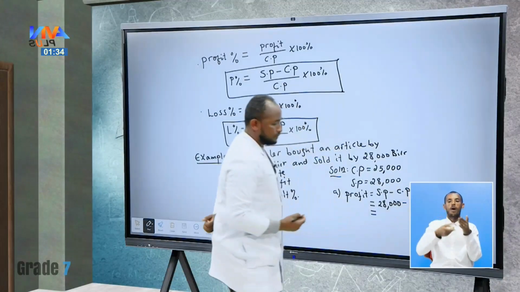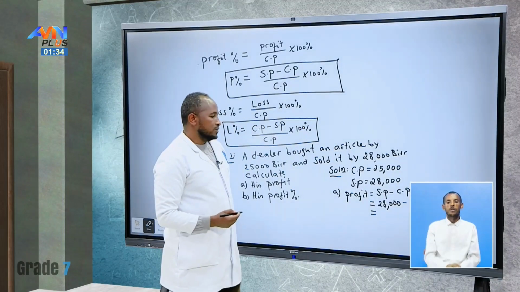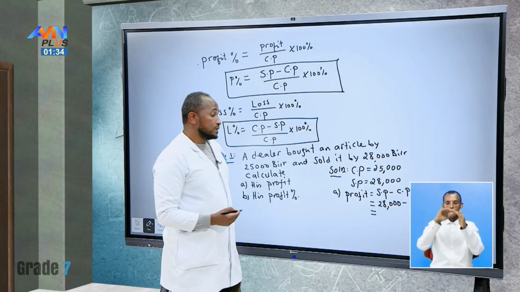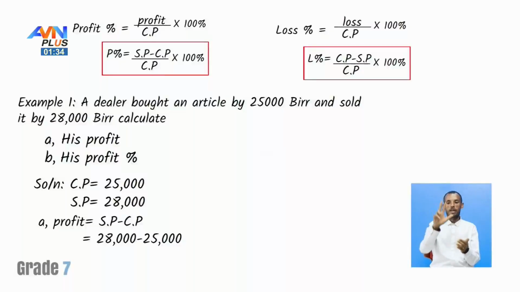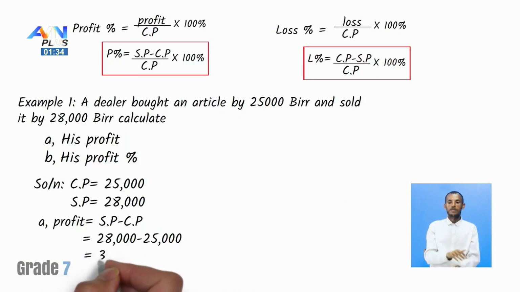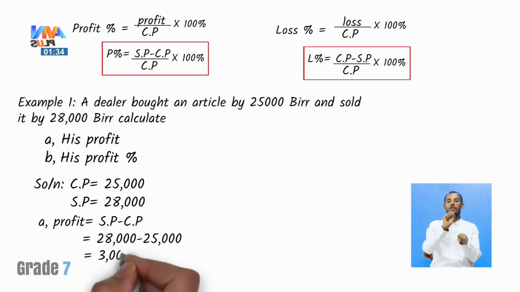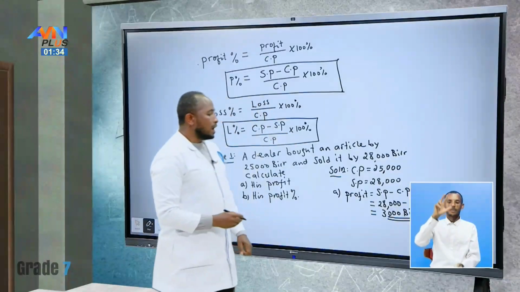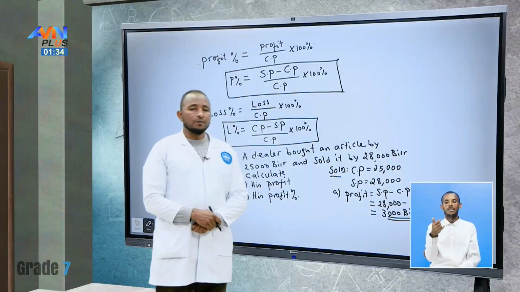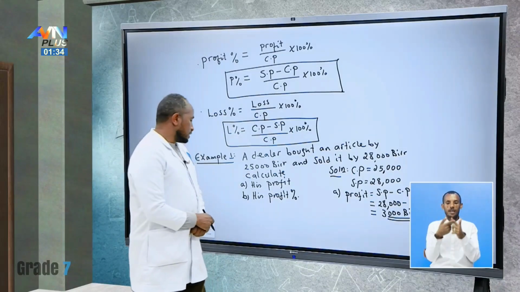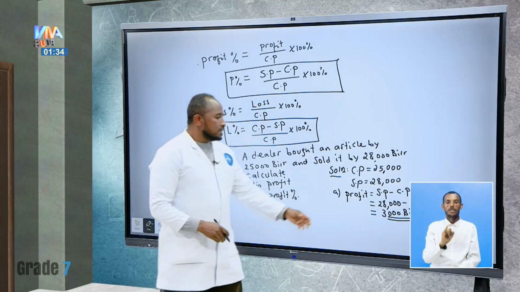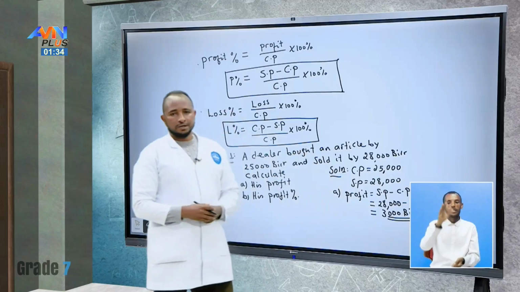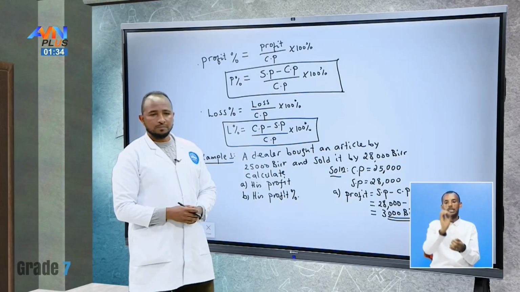The difference of these two is simply 28 minus 25, which is 3. Therefore, the profit is 3,000 birr.